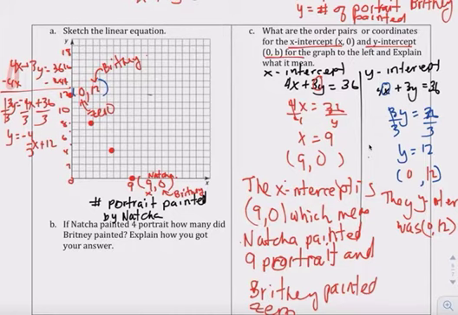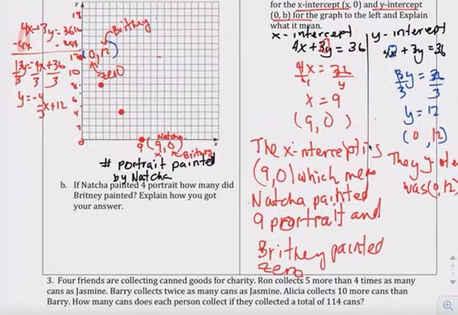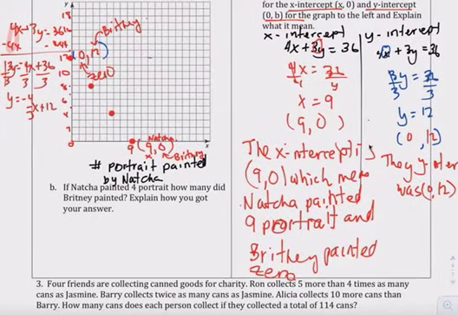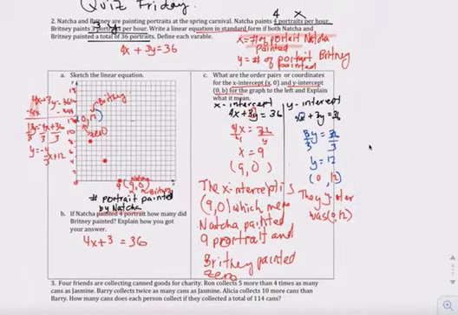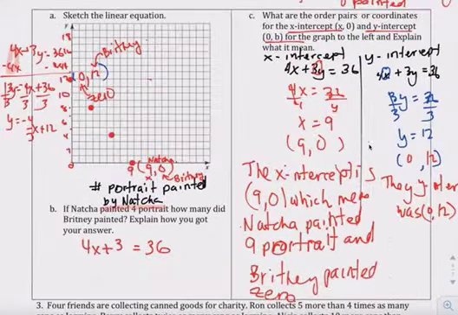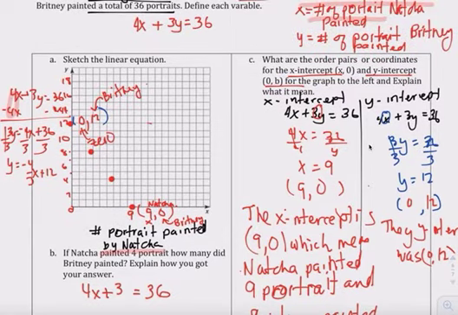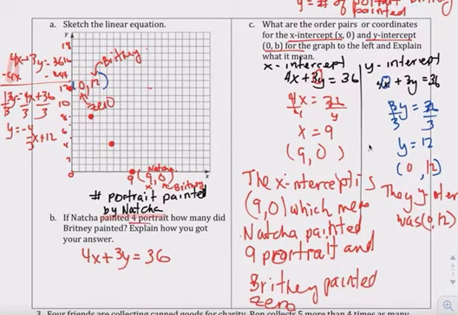total of 36 pictures. If Nacha painted 4 portraits, how many did Brittany paint? Okay, so Nacha painted 4. So your equation is 4x plus 3y equals 36. Nacha's x. Says so here, Nacha's x. So if Nacha painted 4, so x equals 4.